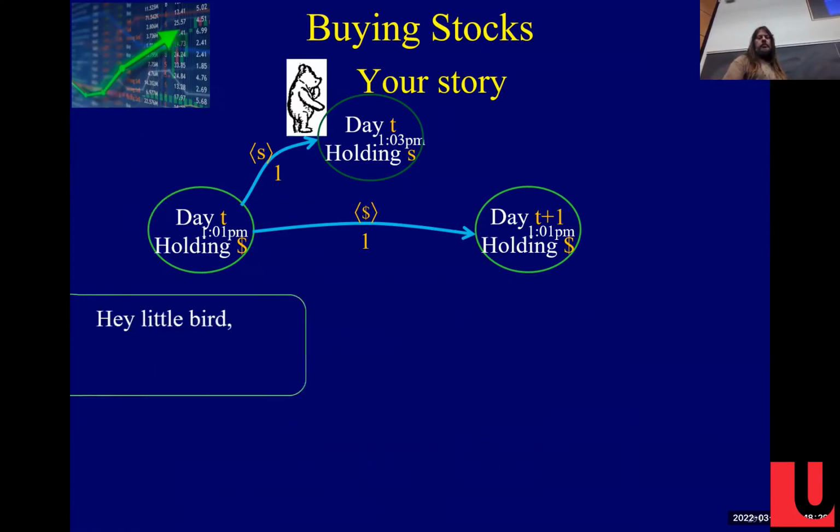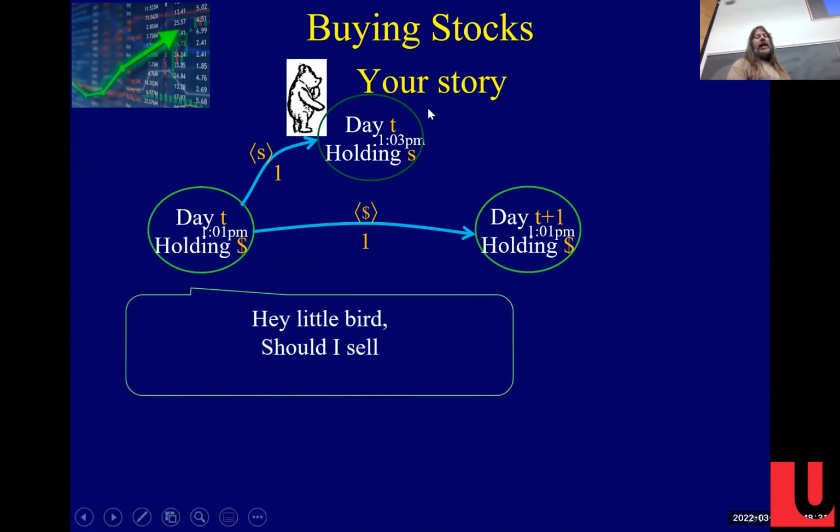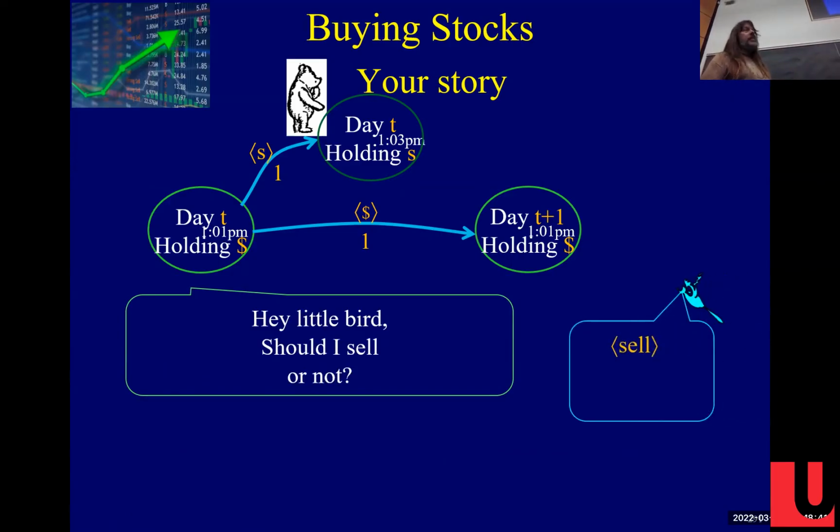And then right now I have stock on this day, and she can tell me, do I sell it? Now it's just yes or no. She tells me, do I sell it or not? Because I have a stock, I can't buy a different stock. I can either sell or I can keep it.